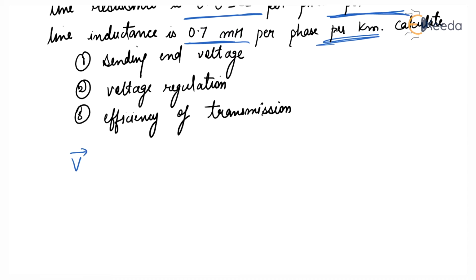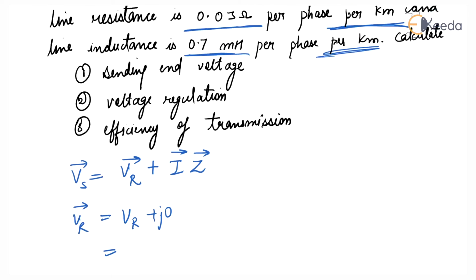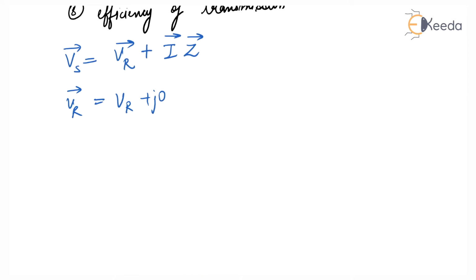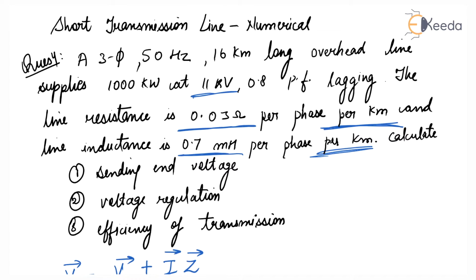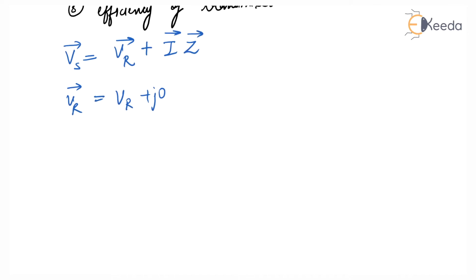So vector Vs is equal to vector Vr plus vector I times vector Z. Vr is 11 kV, and this is for per phase.